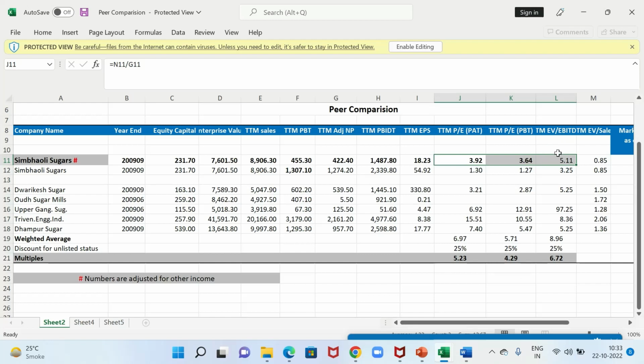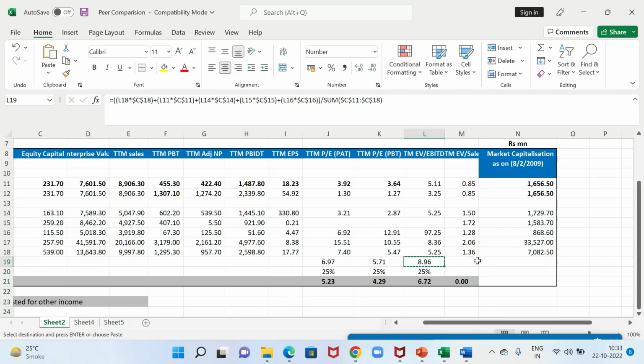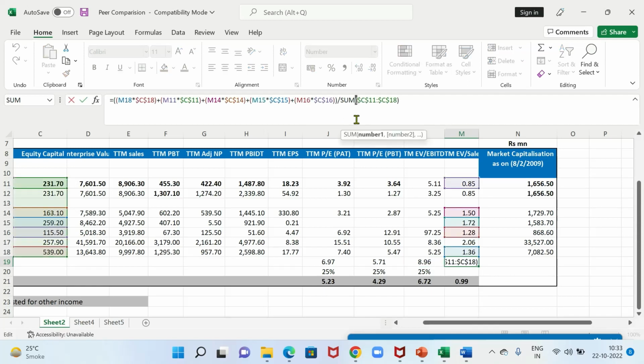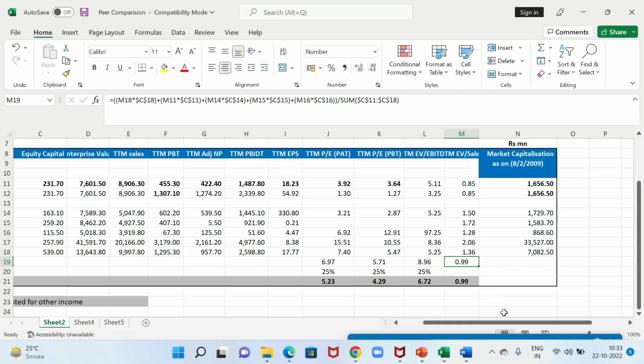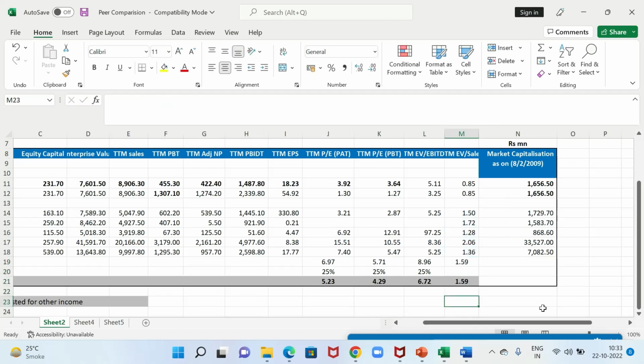So if this is my EBITDA, EV by sales, or we can use the average of these. 1.59 is the average.